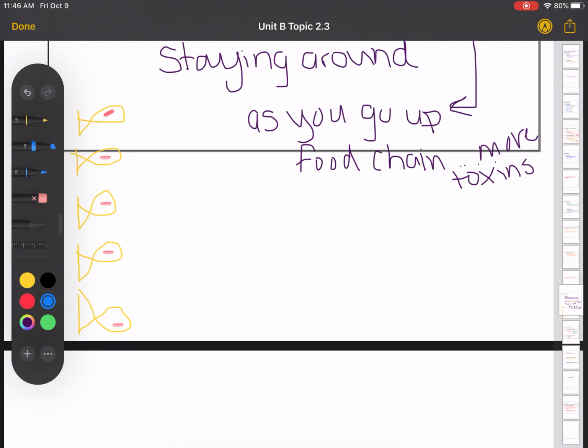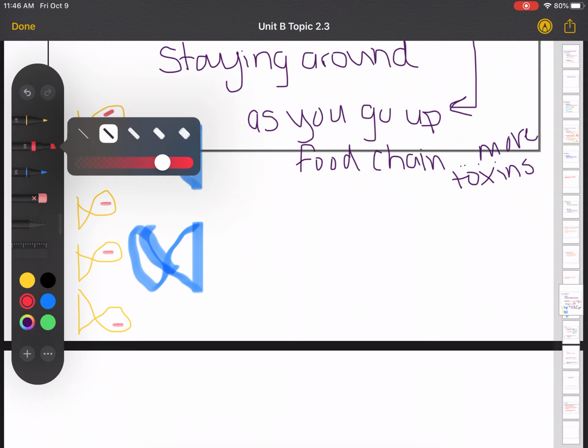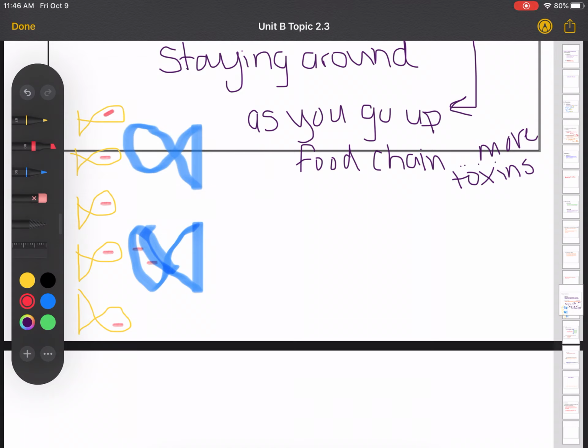Then these other fish come along. Those two bigger fish come along and they eat two of these fish. So now each of these fish have two toxins inside their body, right? Because they eat this guy's and these guys.